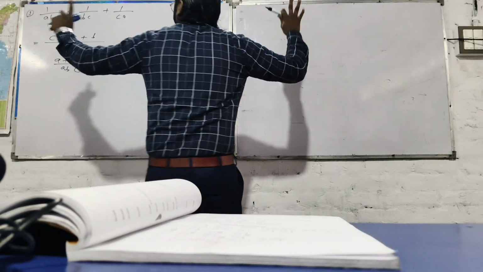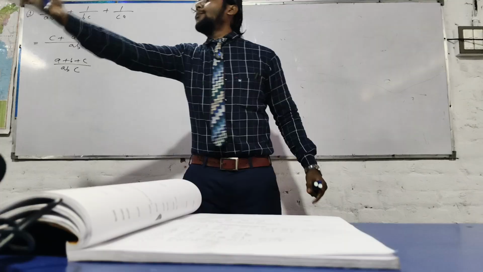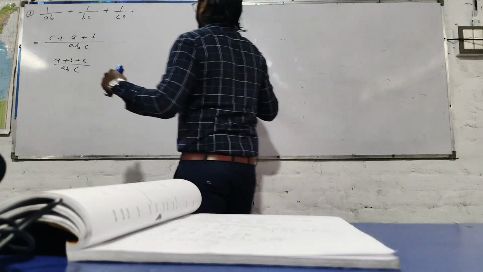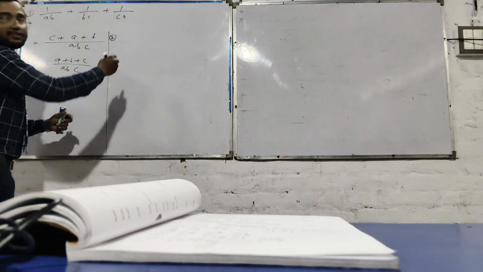Tell me now, only the power form. Don't talk about the x, don't tell me the base. Only tell me what about the power. Last time, where we have to solve the question, x to the power something was there.